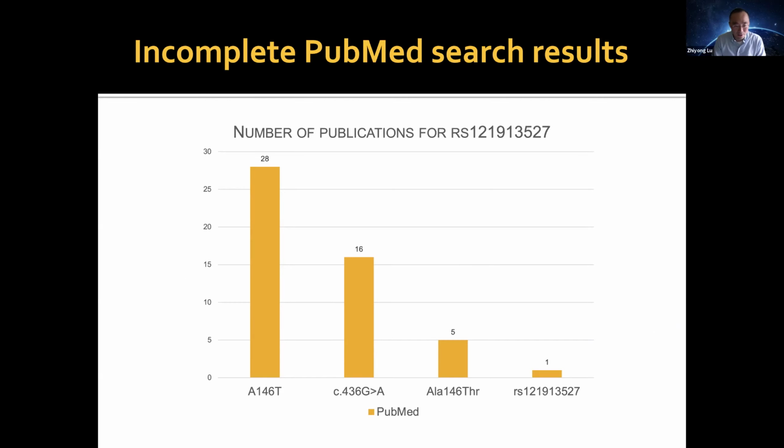In my talk, I'm going to be using sequence variant and mutation interchangeably, even though I know they are different. But for simplicity, I'll just use them that way. As you can see, different names of the same mutation or variant result in a very different number of articles returned. And if a user uses any one of them, they'll get an incomplete picture of the full article set in the literature.